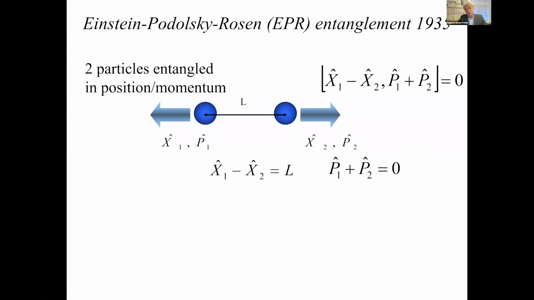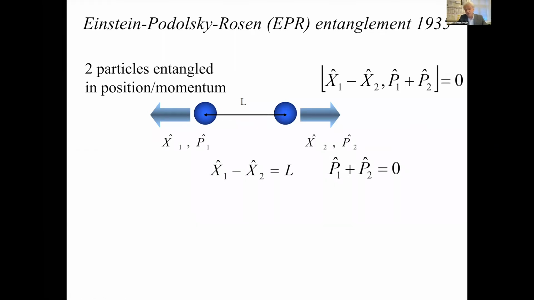Then their argument would go as follows. Imagine that I am sitting on planet Earth with this particle, and you are sitting God knows where, many light years away, with that particle. Now, I can make my own free choice whether I want to measure the position or the momentum.